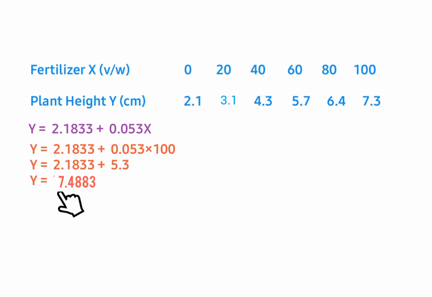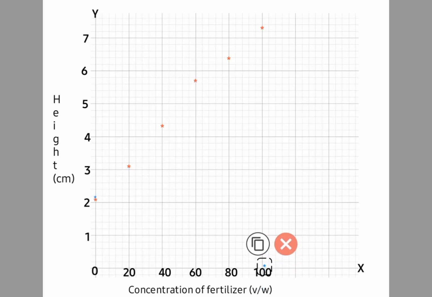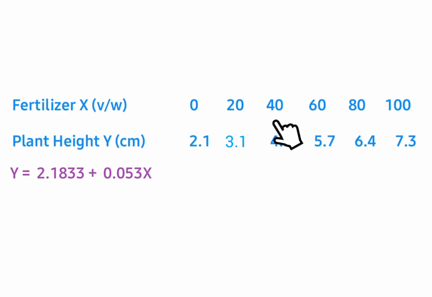So we've used the value of x to predict the value of y. We trace this value on our graph. When x is 100, the predicted value of y is 7.4833, somewhere around here.